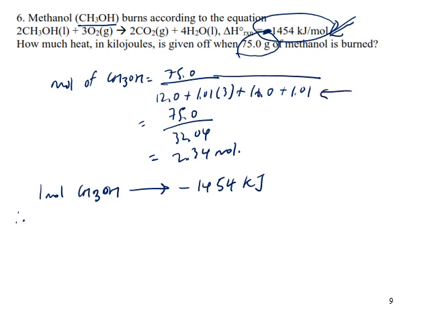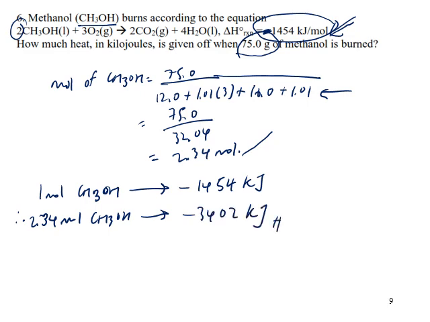Whenever you calculate the molar mass, you don't need to incorporate the coefficients. So for this whole thing, you don't need to times 2. Just stick to CH3OH. Okay, come back to the question. So just now 75 grams you calculated is 2.34 moles. So we're using the ratio: 2.34 moles of methanol will give us negative 3402 kilojoules of heat. So this will be the answer.